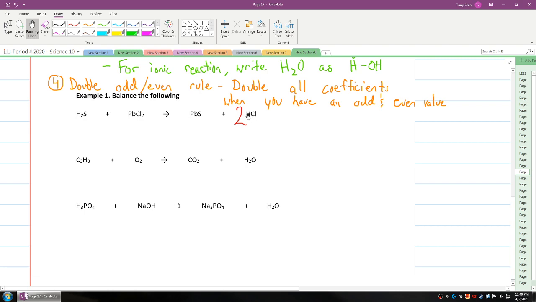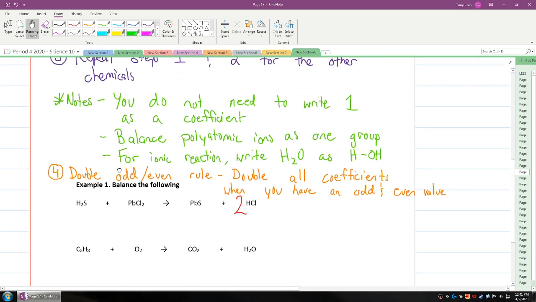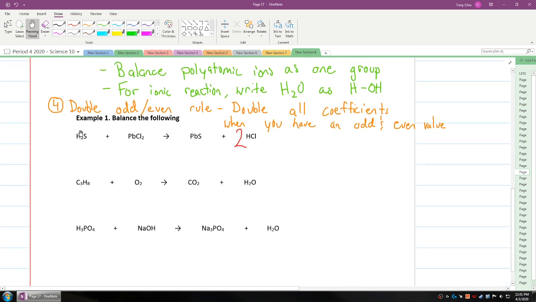Now, what you want to do now is you want to repeat step 1 and 2 by doing the next one. So in this case, again, we said that hydrogens act as a metal, so let's balance hydrogen. Here you have 2 hydrogens. Well, guess what? By putting the 2 coefficient here, you have 2 hydrogens there as well. Last but not least, you have a sulfur. As you see, you have 1 sulfur here and 1 sulfur here, so this is now balanced.